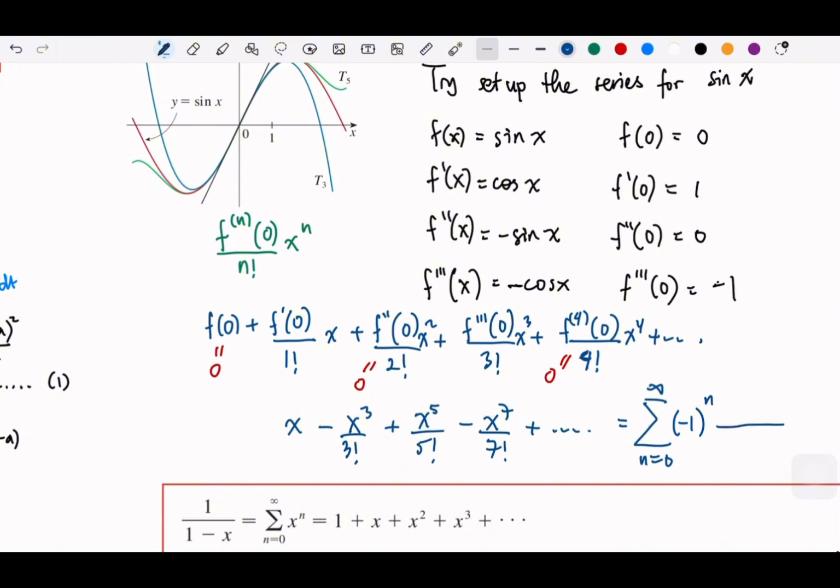And this will be the odd number factorial. And then the top will be x with power of 2n plus 1, the odd number. Okay. So this is how we get the sine x in Maclaurin series.